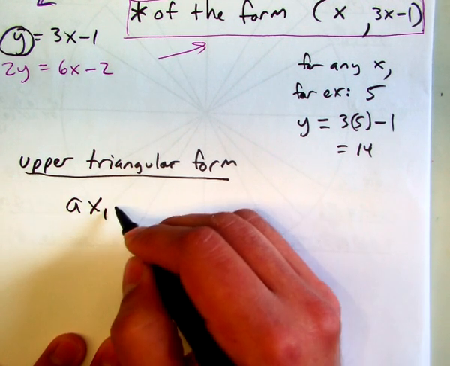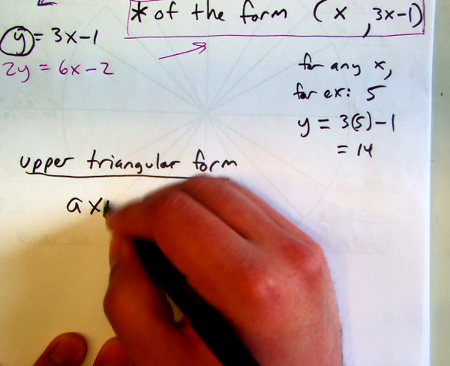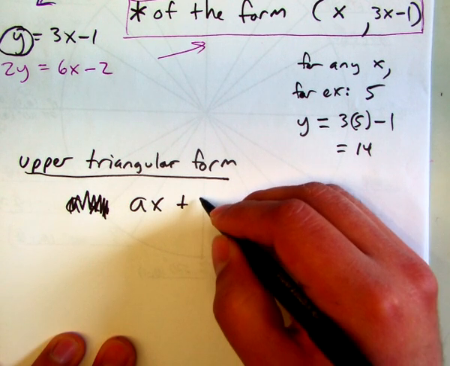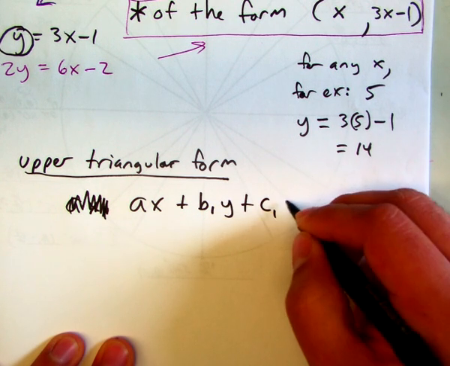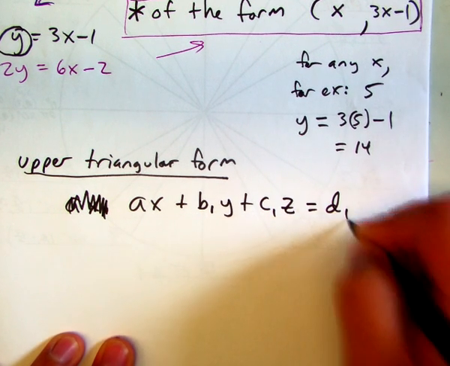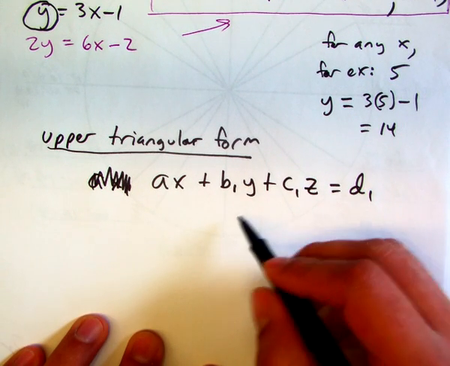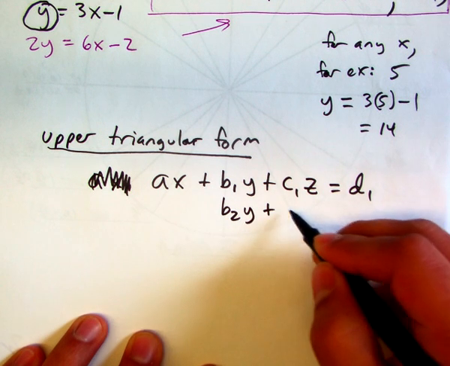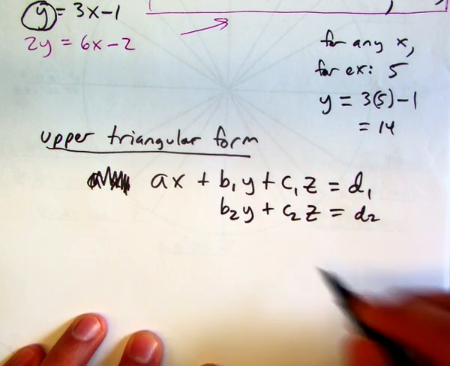A1X plus B1Y plus C1Z equals some other number, D1. And then for the next equation, we only have 2 variables. So let's say Y and Z. And then for the last equation, we only have 1.